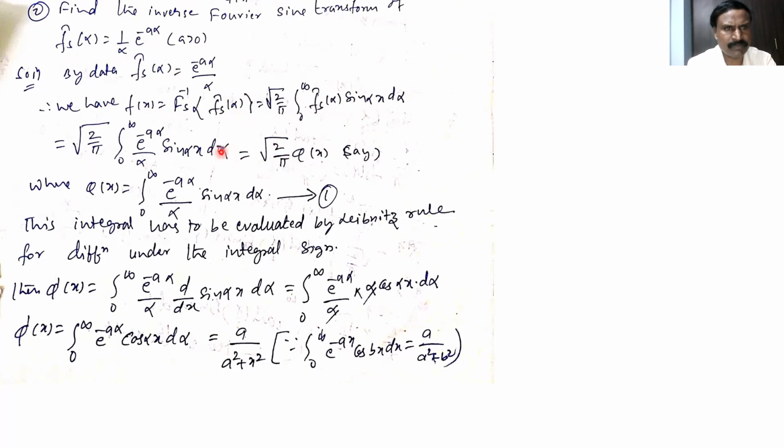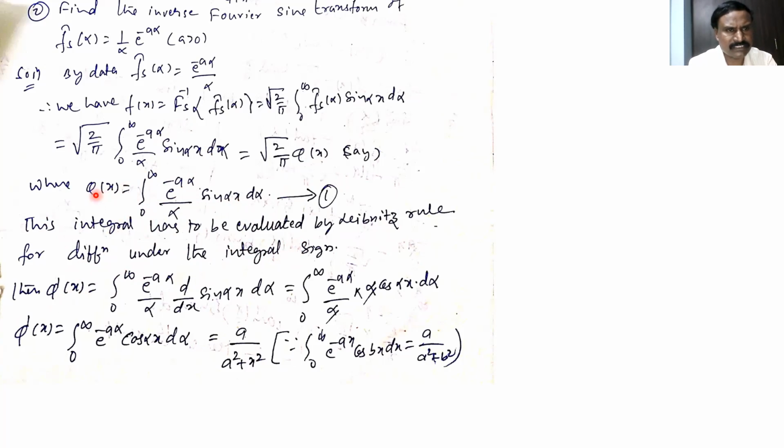Square root of 2 by pi, again this integral we consider phi of x, where phi of x is equal to integral 0 to infinity e to the power of minus a alpha by alpha sin alpha x d alpha. This is called equation number 1. This integral has to be evaluated by Leibniz rule for differentiation under the integral sign.